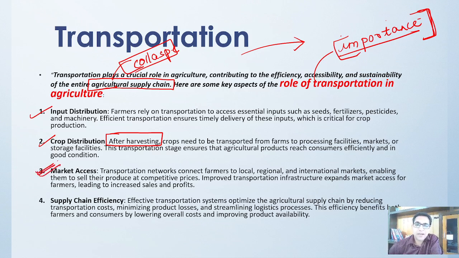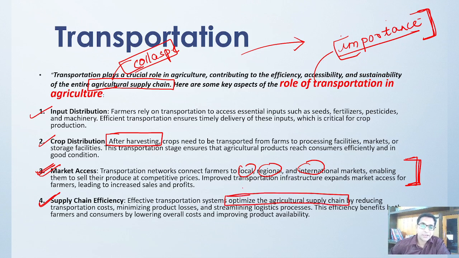Transportation provides you with market access, whether local, regional, or international. Wherever you want your product to go, you need transportation. It also provides supply chain efficiency through optimization of the agriculture supply chain.